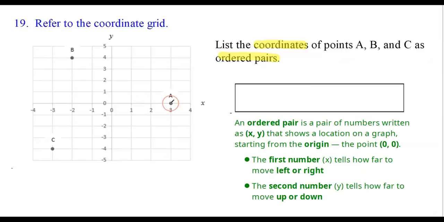Let's start with point A. Now, when you're using an ordered pair, you always start at the origin, right here at 0, 0. And that's where the x and y axes cross each other. And then your first number is always going to tell you how far to move left or right. So let's see, how many units do I move to the right? 1, 2, 3, which shows up right here, and that's on my x-axis. So I moved across 3 units to the right, so x is 3.